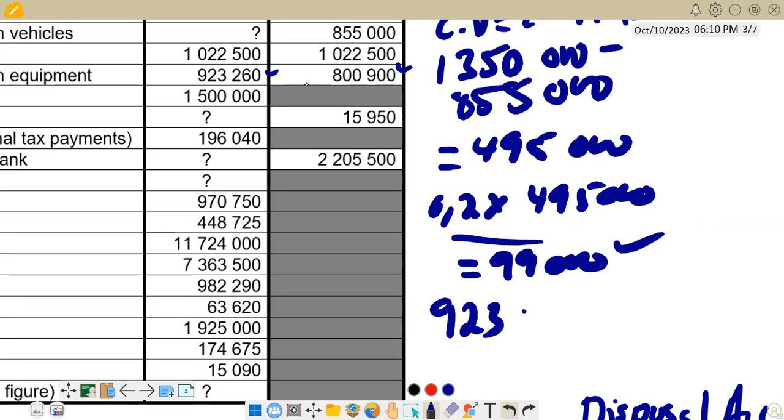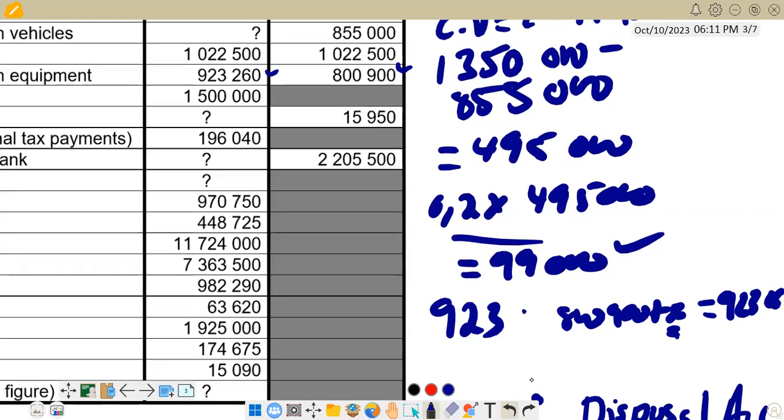So we want now to find the depreciation for the year. So basically what we are saying is 800,900 plus X, where X is the depreciation for the year, gives the accumulated depreciation at the end of the year, which is 923,260. So to get X, we make it the subject of the formula. Then we are just going to get the difference of the two.